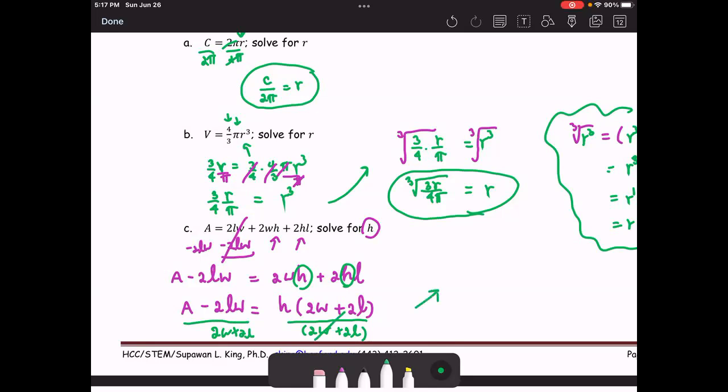Therefore, we have A minus 2 times L times W as the numerator, all divided by 2W plus 2L on the bottom as one quantity, equals the variable H.